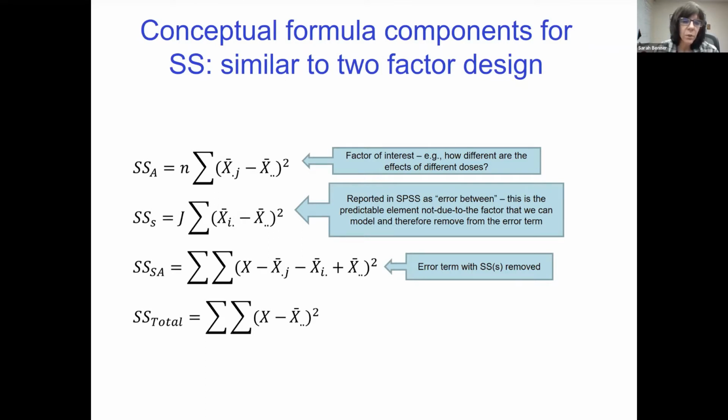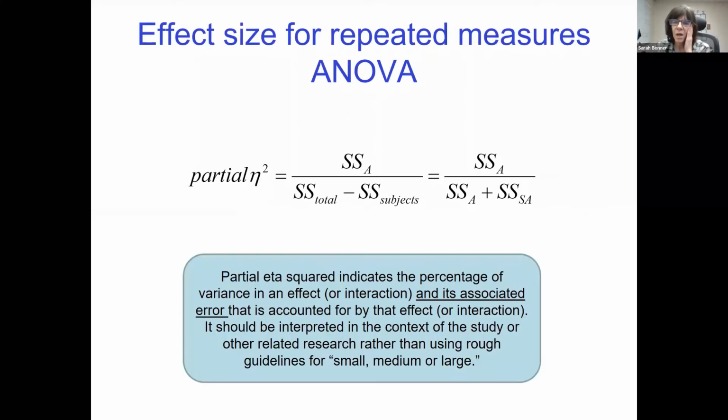If you're doing this in SPSS, some versions of SPSS don't provide a partial eta squared for SSS, and I'm trying to think whether you would ever need to calculate this, but this is what it would be, is you would be removing that term.